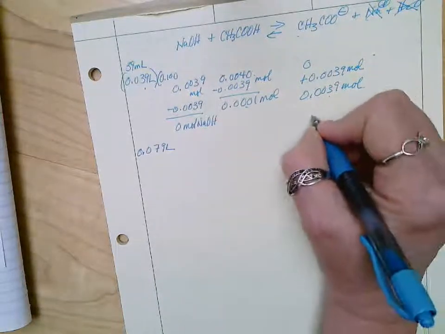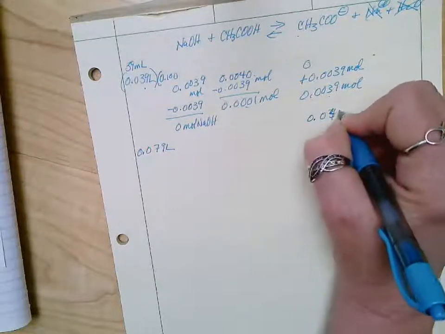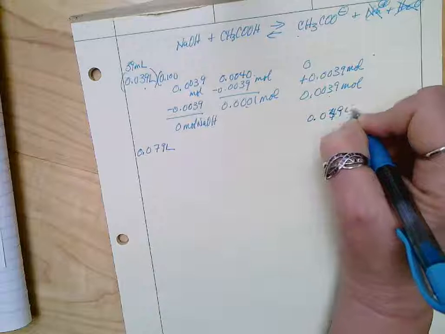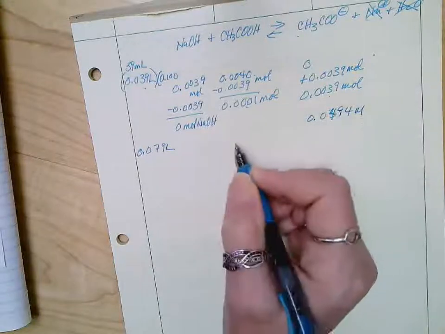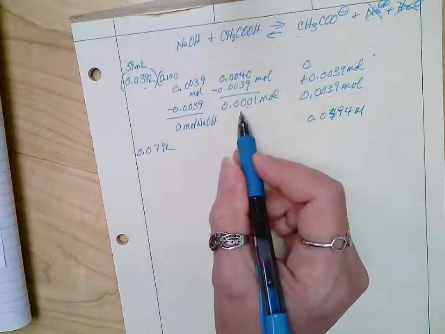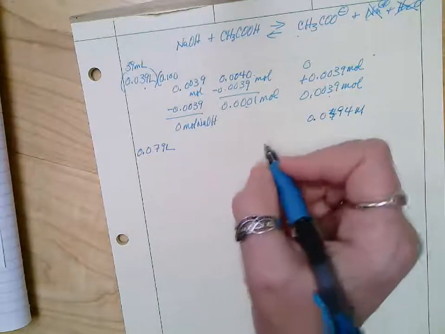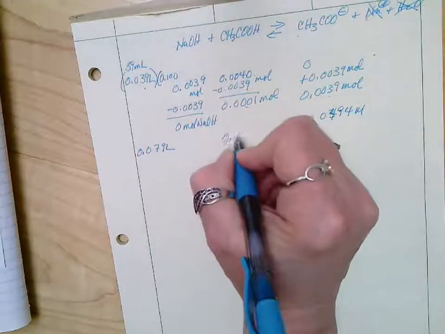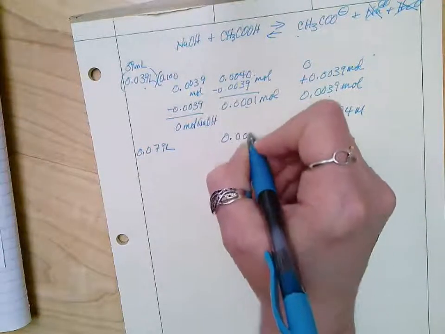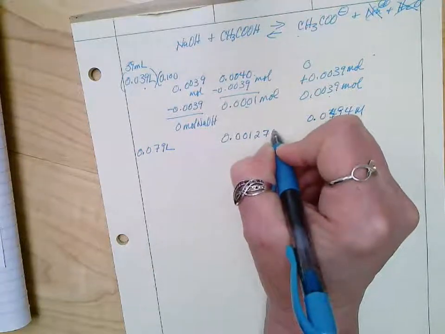This is 0.0494 molar. Now 0.0001 divided by 0.079 is going to be 0.01227 molar here.